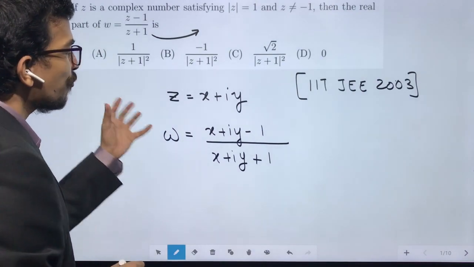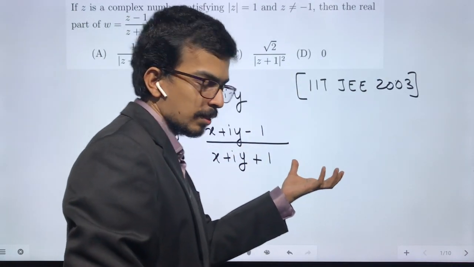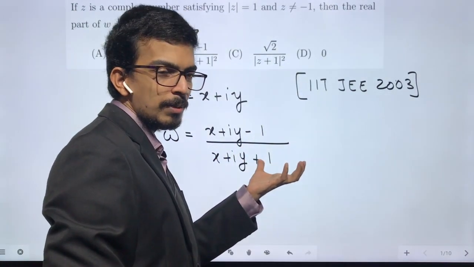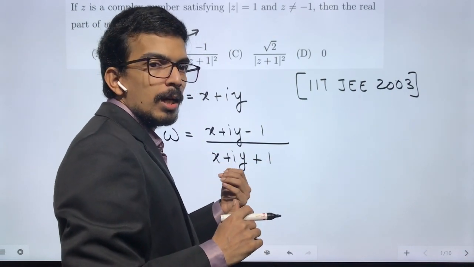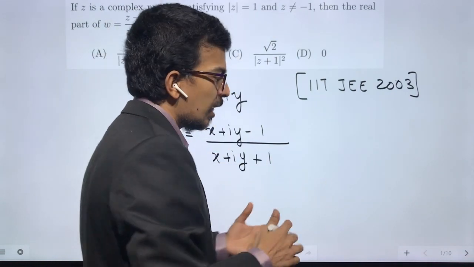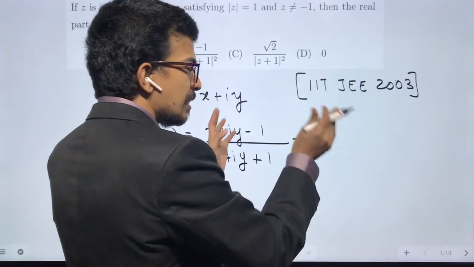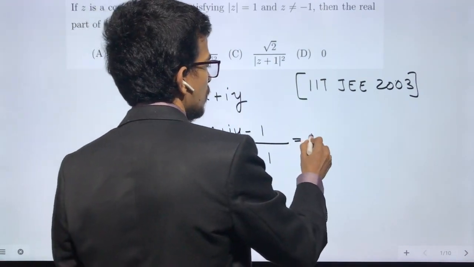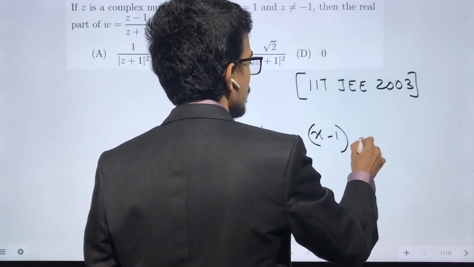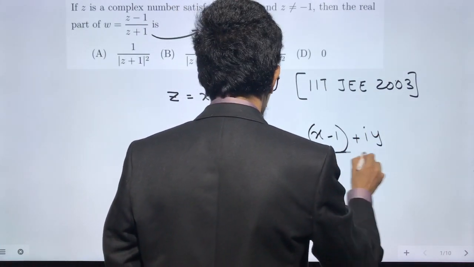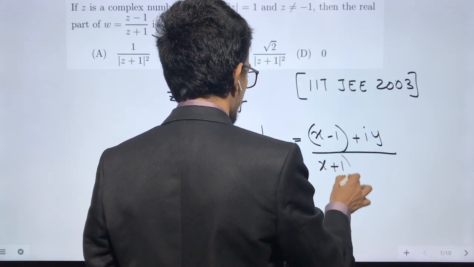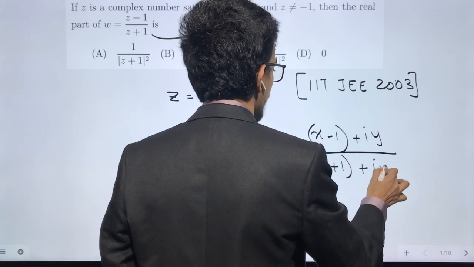Now we have to find the real part of this complex number. This is not in the standard form. So before writing it in the standard form, let's rewrite and arrange the real parts and imaginary parts. So this is x minus 1 plus iy divided by x plus 1 plus iy.